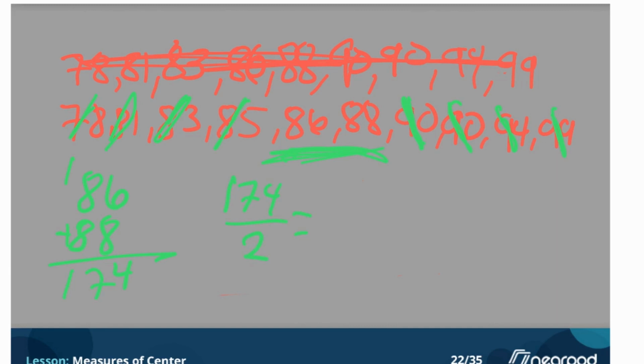Again, numerator in, denominator out. 2 goes into 1, 0 times, 2 goes into 17, 8 times, 16, 2 goes into 14, 7 times. So what is my answer? 87. So my median is 87.